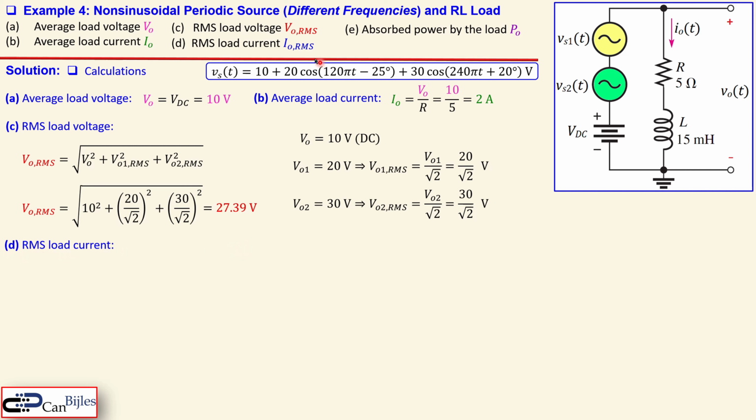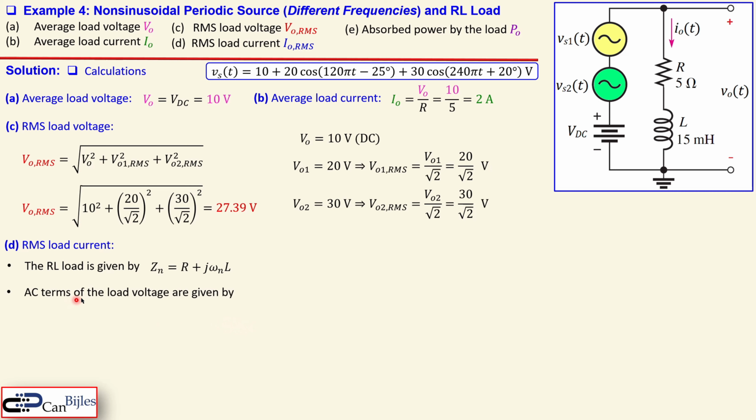Now the D, that is the RMS load current. Now the RL load is given by, because now we have an RL load, it's not just resistive, so we have an impedance. That is then given by this, which is Z equal to R plus j omega L. Now I have also put here a subscript n, because we have two AC parts, so we have to treat them separately.